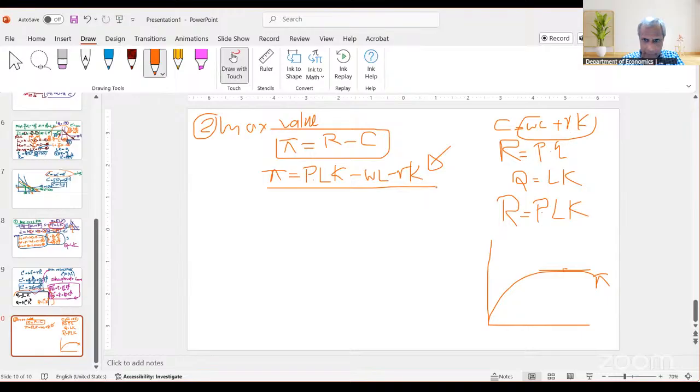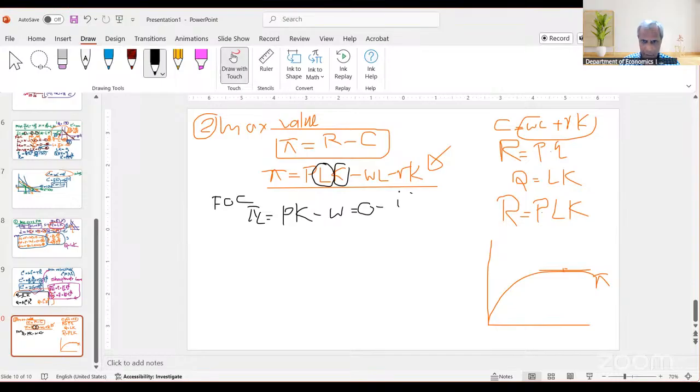Now here, to find the optimal point, you have to go for the first order condition. What is the first order condition? Slope must equal 0. Then we differentiate the profit function. We don't know at that profit level how many labor and how much capital, so differentiate with respect to L. You get the answer P K minus W equals 0.